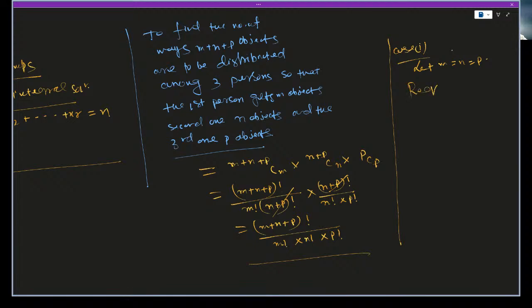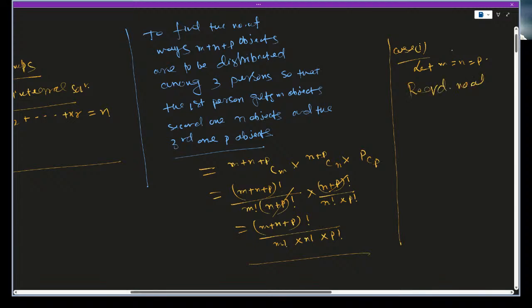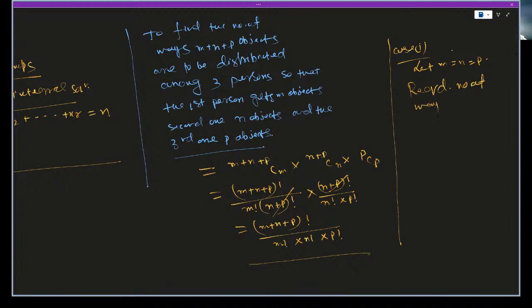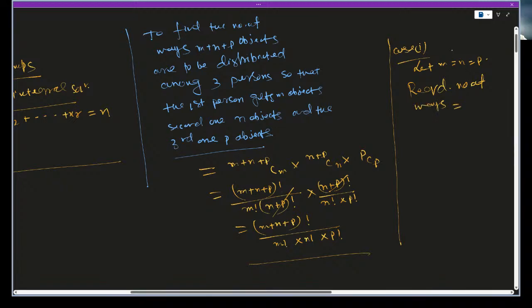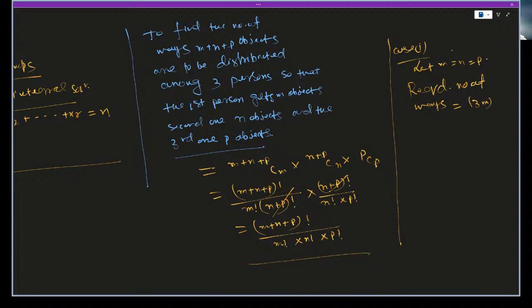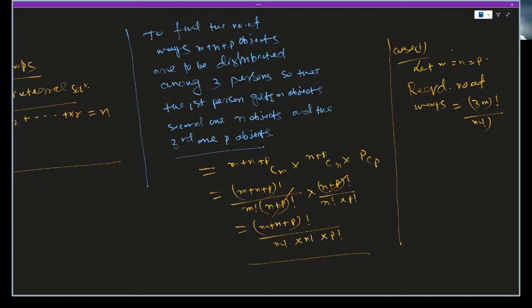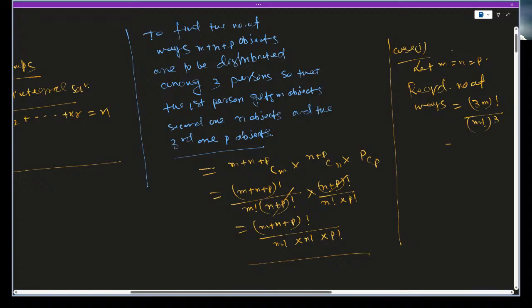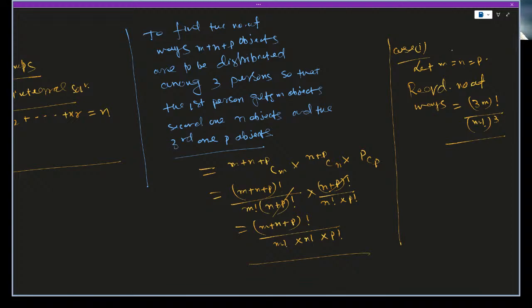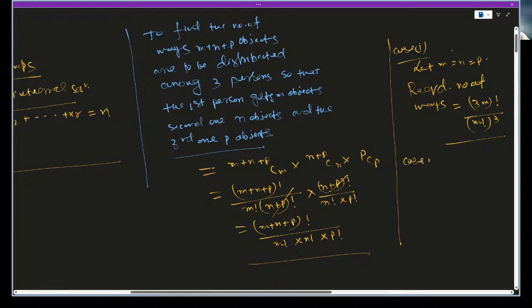Then the required number of ways is going to be factorial 3m divided by (factorial m) whole cube. Agree? But I have told you that you are distributing among 3 persons or 3 groups. So case 2 will be based on that.